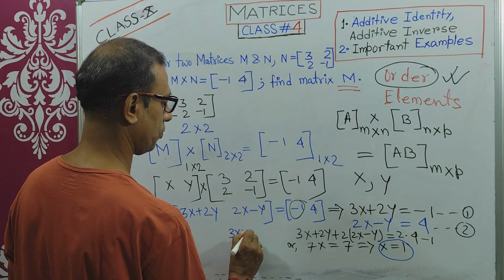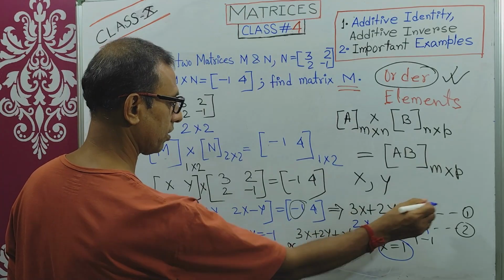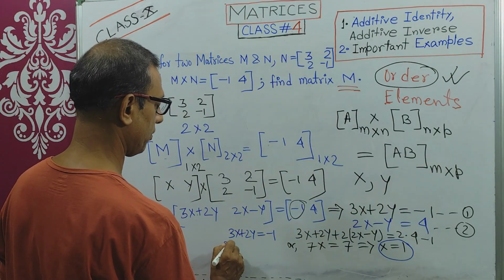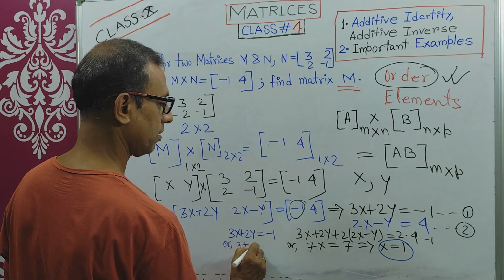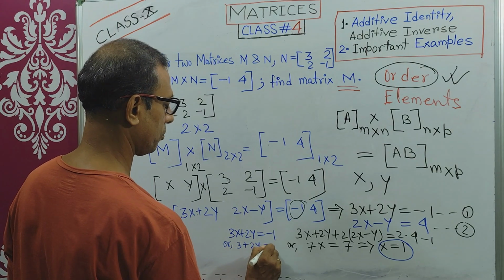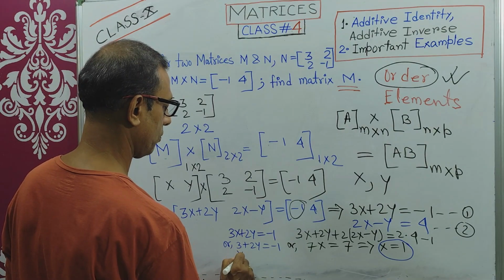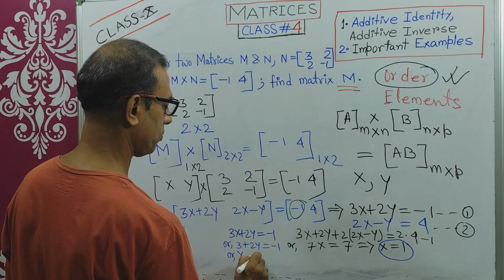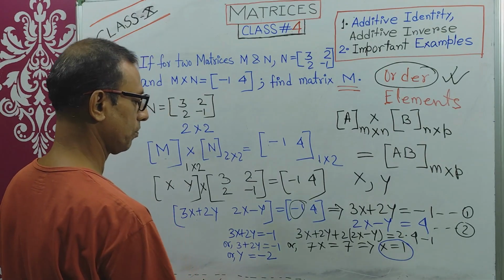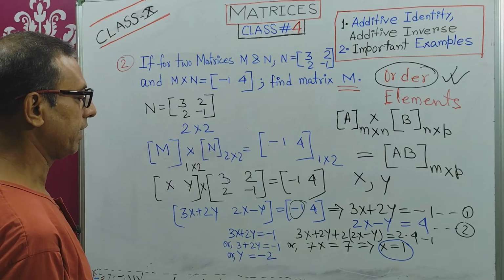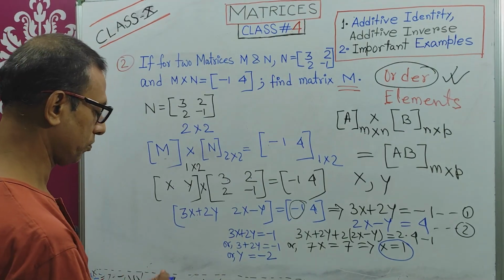In the first equation, 3x plus 2y equals minus 1, you replace the value of x, that is 3 plus 2y equals minus 1. That means 2y equals minus 4, y equals minus 2.